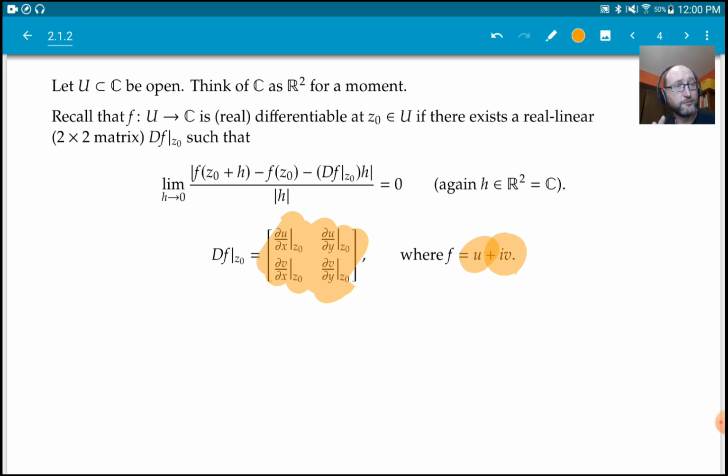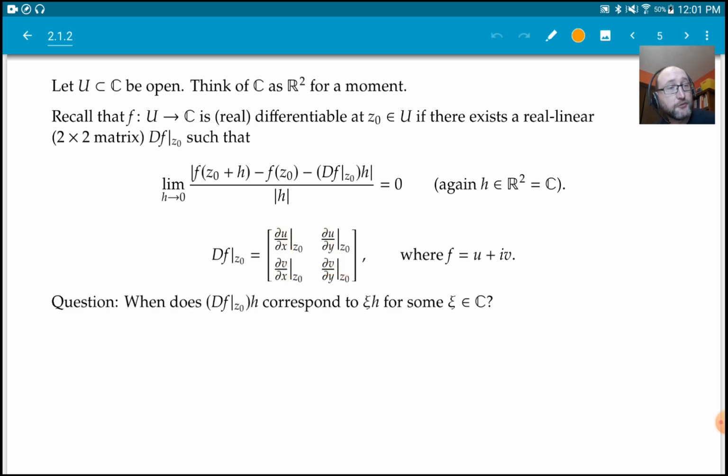So those are the two components of your function, and so we have this 2 by 2 matrix, right? You notice that the first row corresponds to the first component, second row corresponds to the second component, right? First column corresponds to the first variable x, the real part of z, and the second corresponds to the imaginary part of z, right?